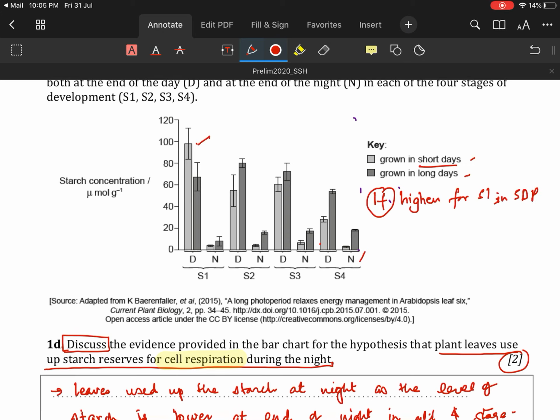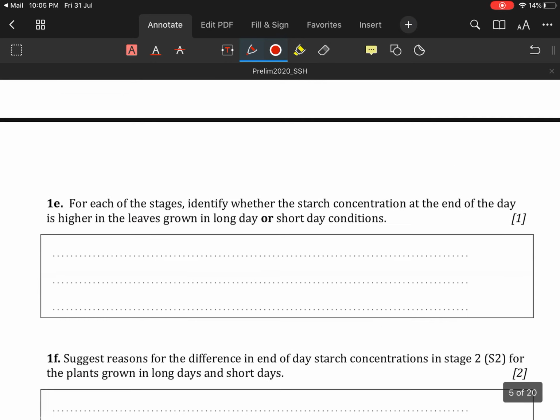Let's look at short day first. Higher for S1, but it's lower in S2, S3 and S4 phase for all, right? S1 higher in plants grown in short day, and higher in plants grown in long day for all other stages. So you can phrase it this way. It's 1 mark.